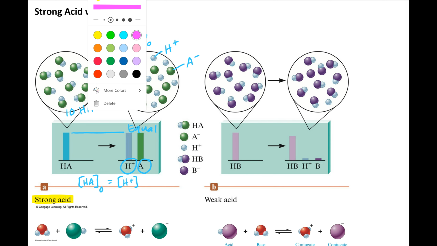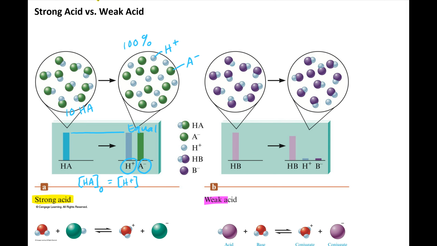Versus the weak acid on the right-hand side. You have this weak acid HB now, and if I counted all of the weak acid molecules, we count 1, 2, 3, 4, 5, 6, 7, 8, 9, 10. 10 again. Now when I look on the right-hand side, when it dissociates or ionizes, let's circle the ones that have dissociated. This one has dissociated.